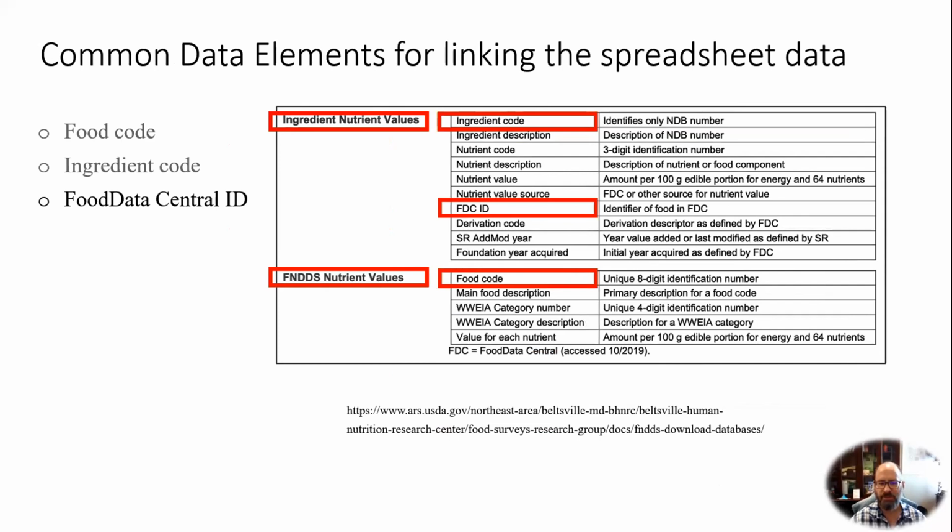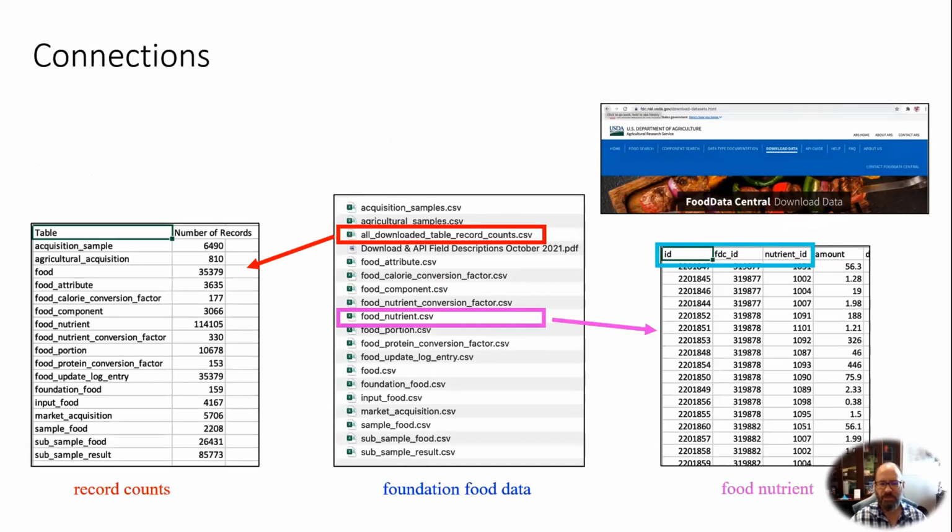Also, we have FoodData Central IDs, which allow us to link to data sets such as ingredient nutritional values or FNDDS nutrient values. And these allow us to make connections between the various data sets, such as the foundation food data.